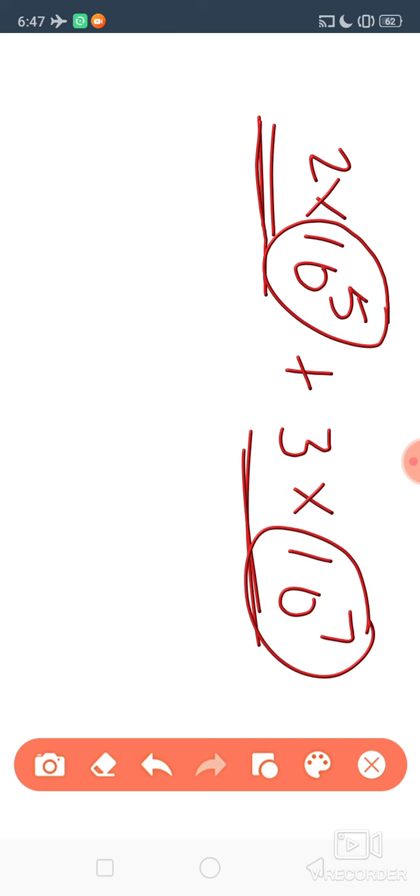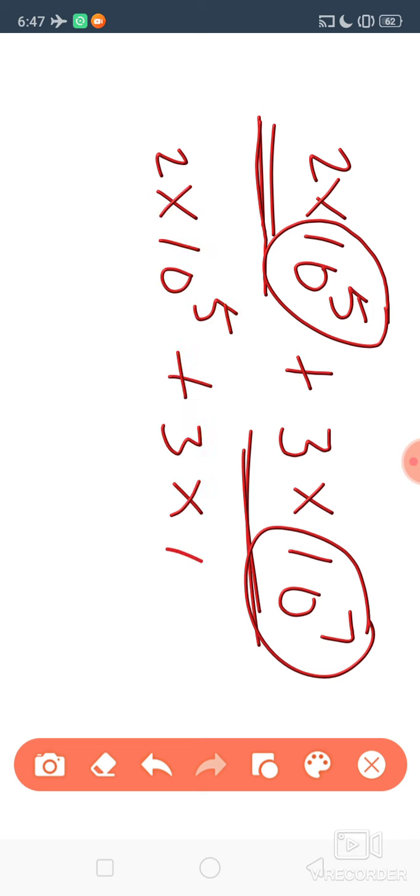Suppose it is given 2 into 10 to the power 5 plus 3 into 10 to the power 5, and you have to add. Look here, 10 to the power 5, and here also 10 to the power 5.